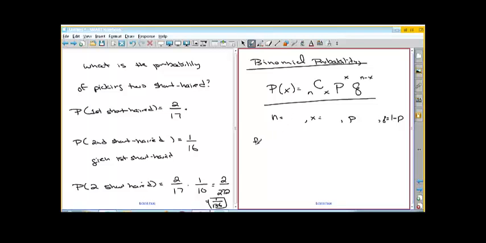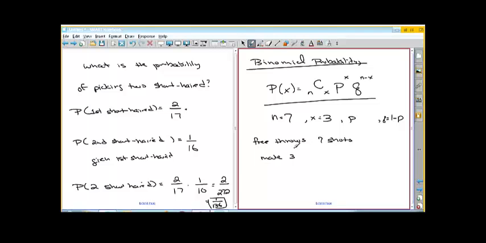So, free throws. Let's say you take seven shots, make 3. So the N is always the larger number. Larger or equal, we could say 7 out of 7, but this is always the largest of the 2, and if they're the same, then it's the same number. X is always the smaller number of the events that are occurring.